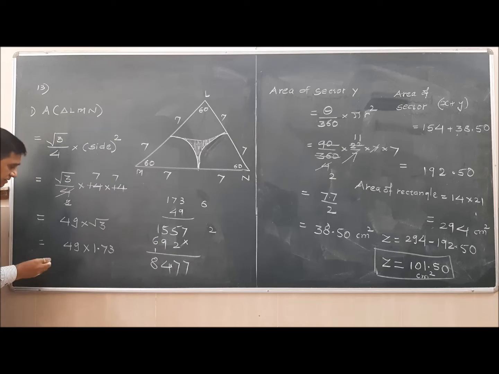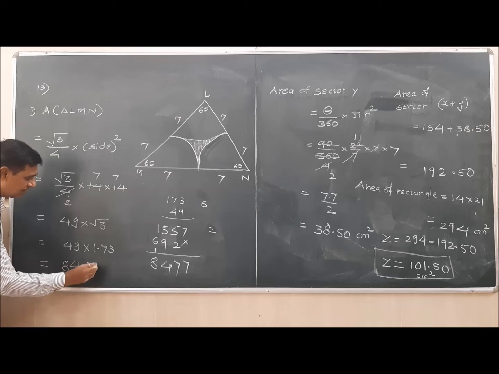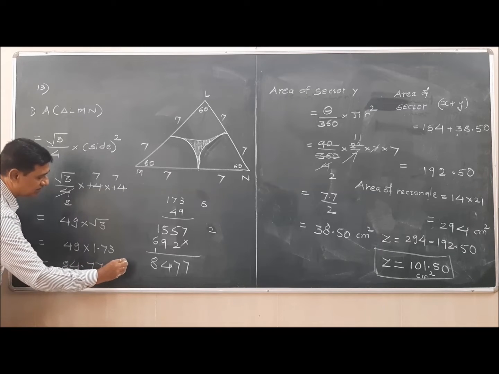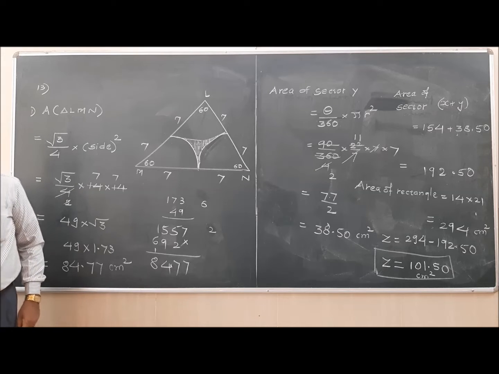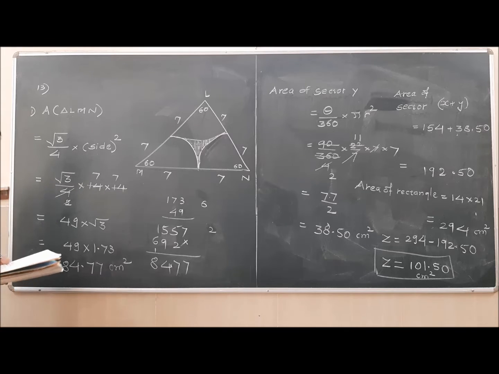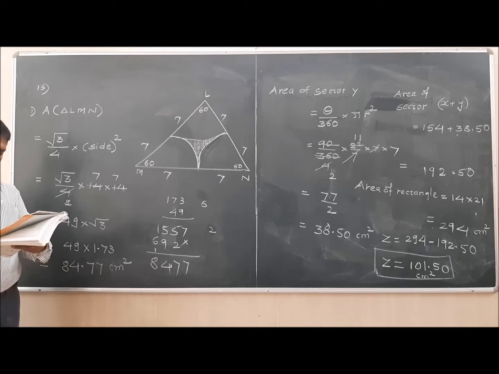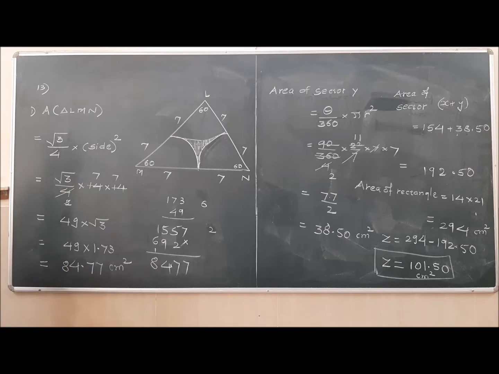So my first answer is 84.77 centimeter square. This is what? This is area of equilateral triangle.